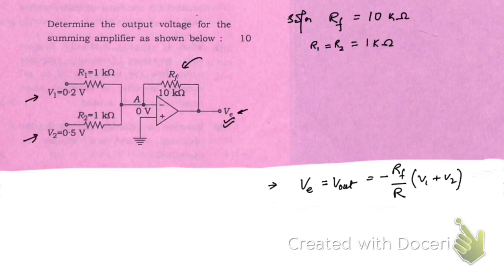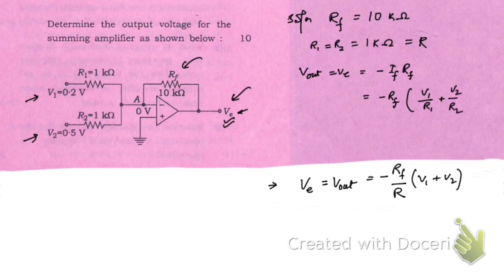Here R1 and R2 both equal 1 kilo ohm, so you can write this as R. So the formula is V out, or according to this diagram VE, is equal to minus IF into RF. Instead of IF you can write V1 by R1 plus V2 by R2.